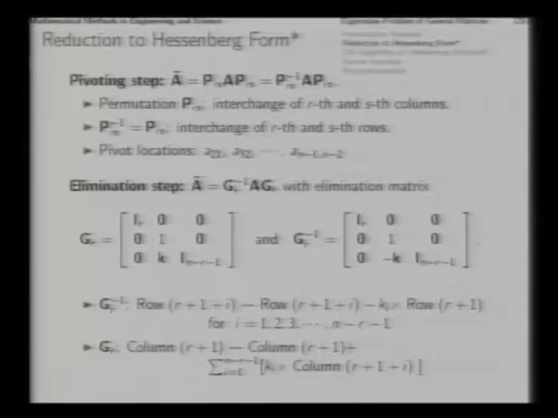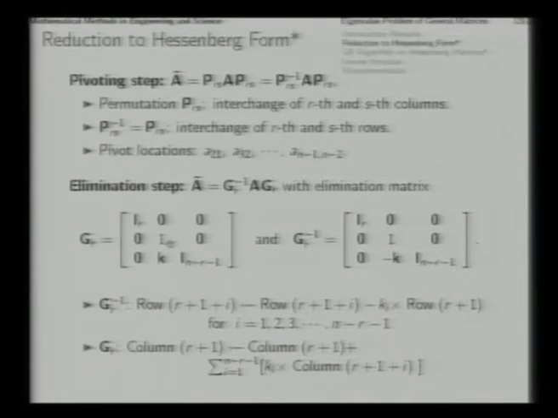And in the elimination step, typical pre-multiplying factor will look like this, which will mean subtraction of some multiple of the pivotal row from the lower rows, that is why minus k here, this is a vector, and the corresponding column transformation here, which will be equivalent to appropriate addition of all the later columns, all the right side columns, into the pivotal column.